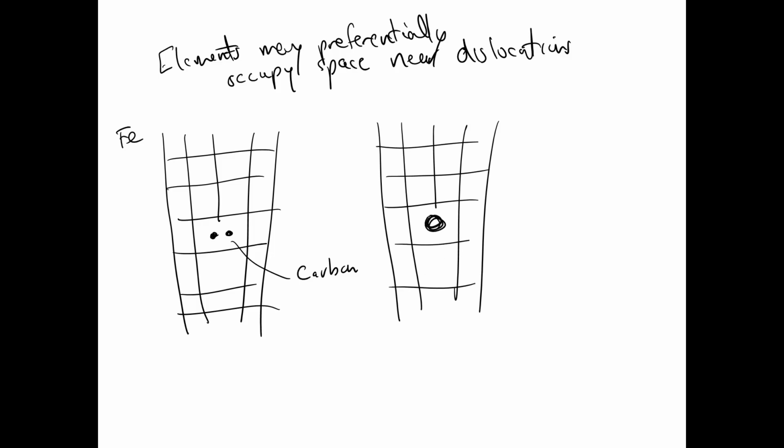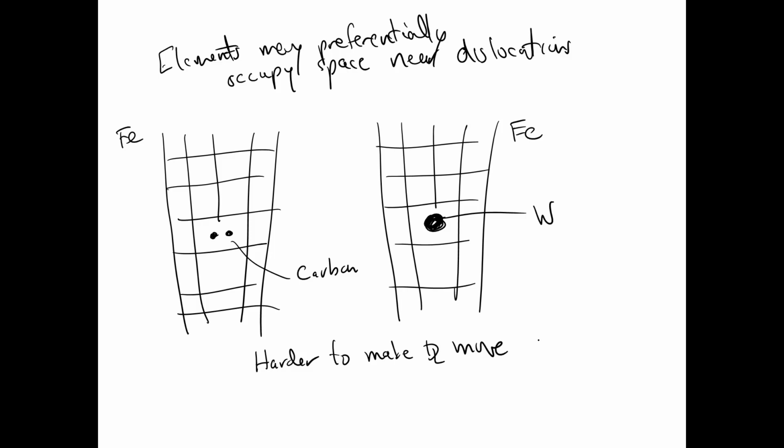So maybe I've got a big element in there. Maybe this is something like tungsten in iron. Well, that's more stable. So what we can say is it's more difficult or harder to make dislocations move away from this.